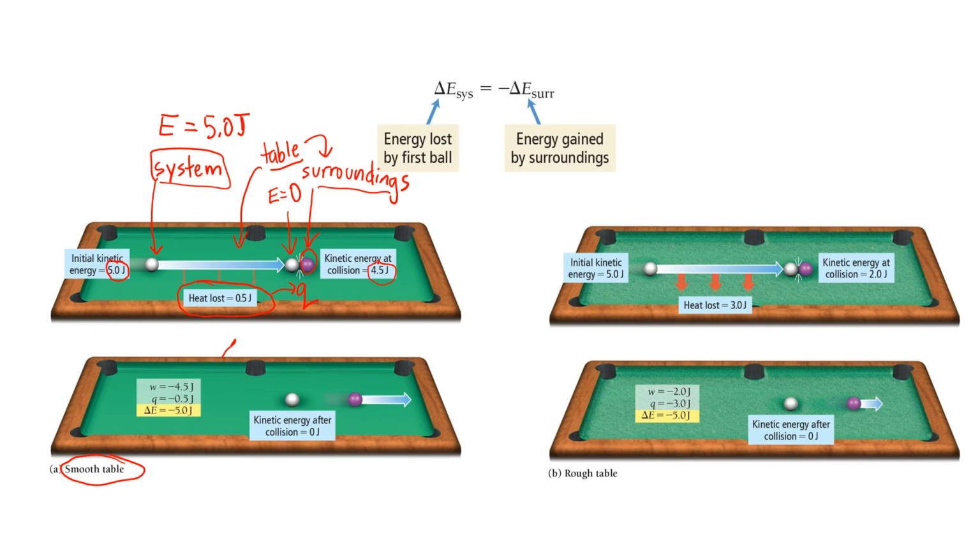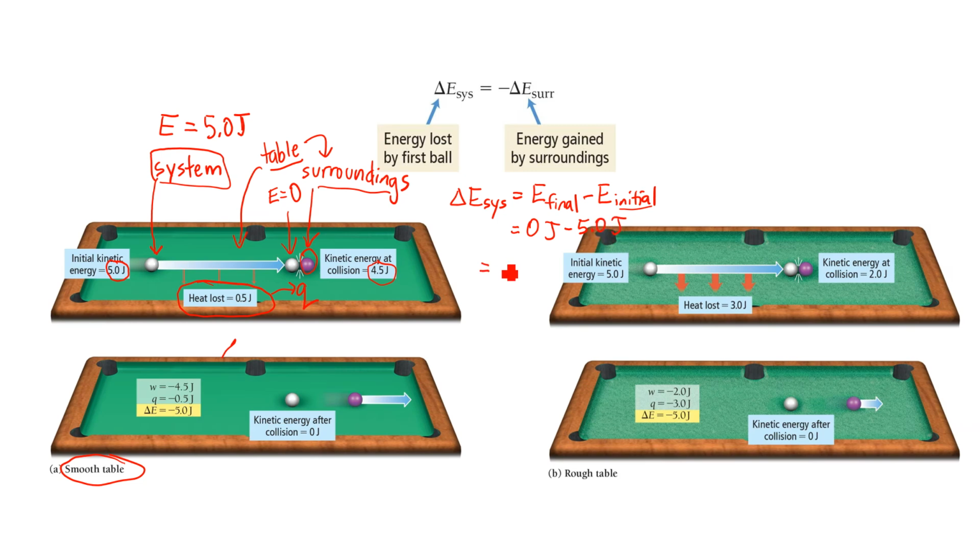So what happened? If you ended up with 0 and you had 5 to begin with, let's calculate the delta E of the system. Delta E of the system is equal to the final energy minus the initial. Well, if we ended with 0 joules, but we started with initially 5 joules, what's 0 minus 5?